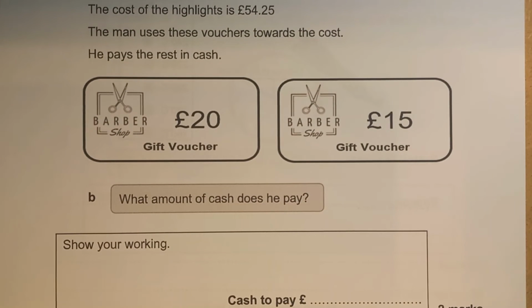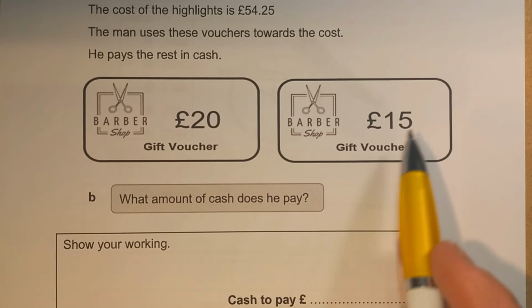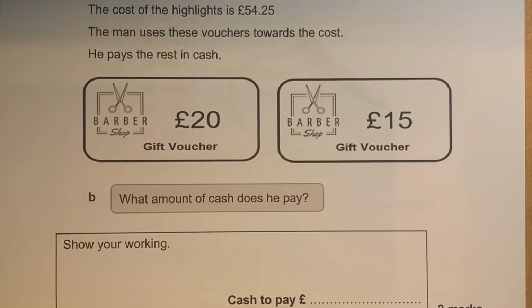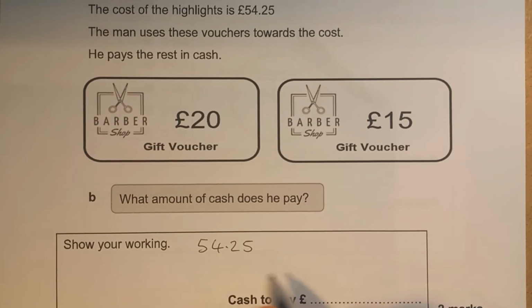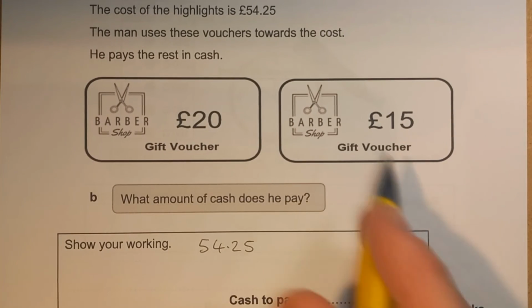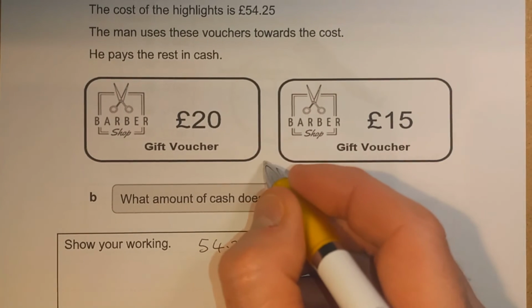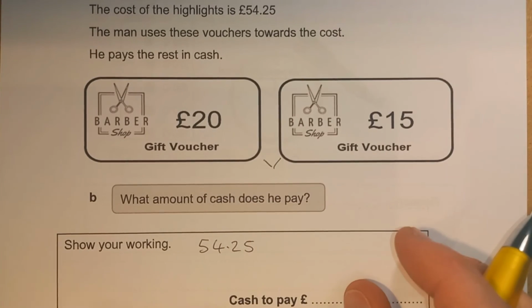The cost of the highlights is £54.25. The man uses these vouchers towards the cost. He pays the rest in cash. So we've got a £20 gift voucher and a £15 gift voucher. What amount of cash does he pay? So we're starting with £54.25. We can take the vouchers off one at a time, or we can add them together.